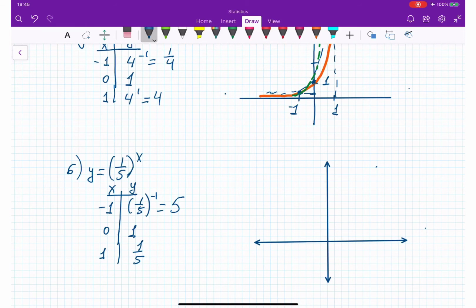We need to go up 5. 1, 2, 3, 4, 5. This is 5. Okay, and x is negative 1. This is negative 1. So this is this point. And then when x is 0, y is equal to 1. And when x is equal to 1, y is equal to 1/5.